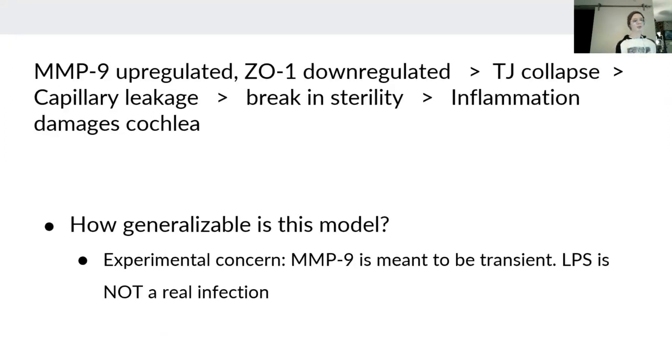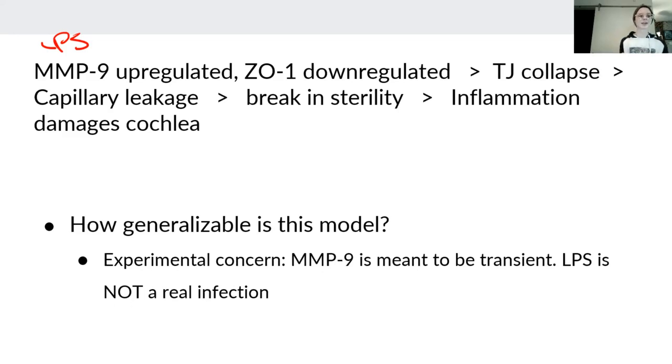And so let's just quickly summarize and put this all together and talk about what the study means in terms of the wider world, right? We introduced this inflammatory agent called LPS, and that upregulated MMP-9 and downregulated ZO-1, meaning that we got more scissors and less string, meaning that more cells are going to break off of their basement membranes. These tight junctions that keep this border control system are going to collapse, and those capillaries are going to leak into places that maybe they shouldn't leak, right?